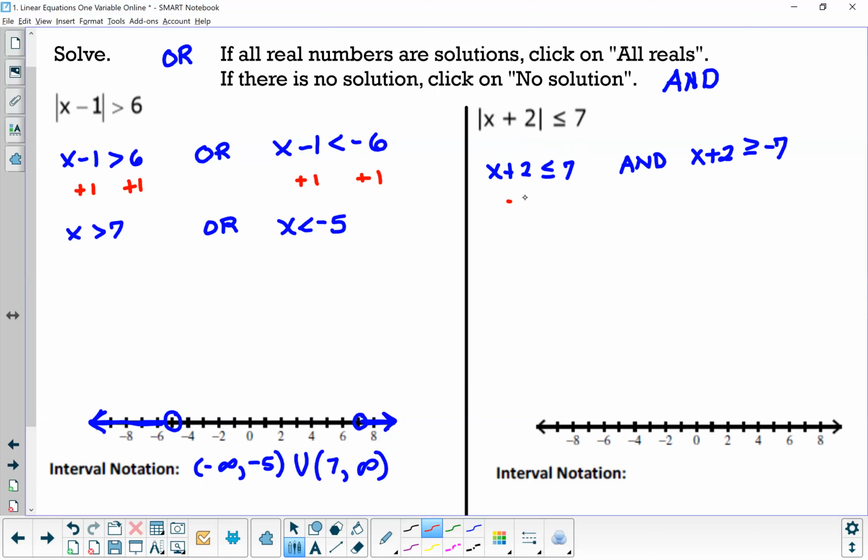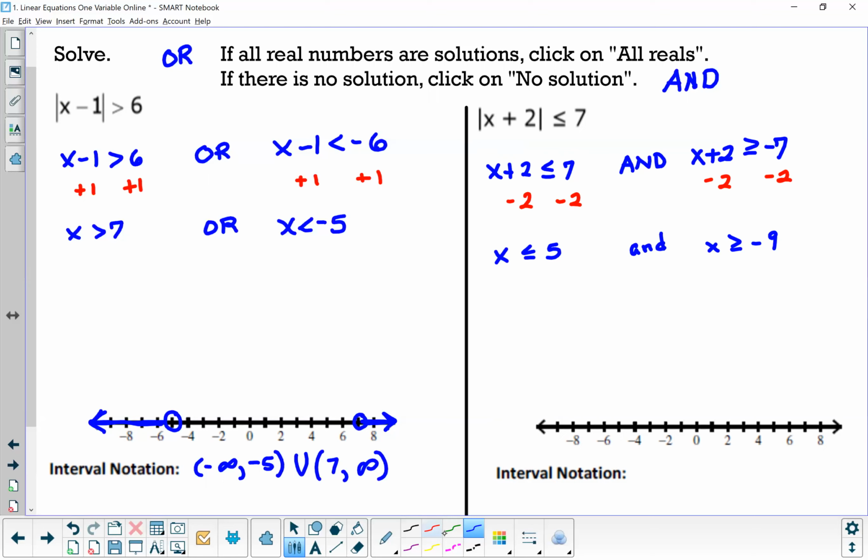So let's subtract 2 on each side for both statements, and that gives us x is less than or equal to 5 and x is greater than or equal to negative 9.